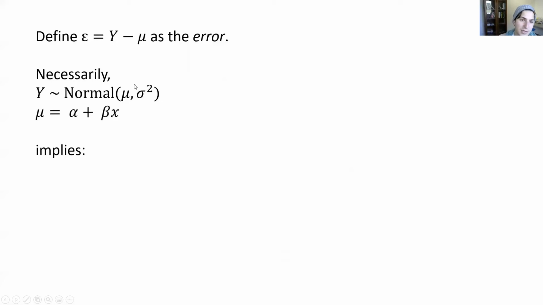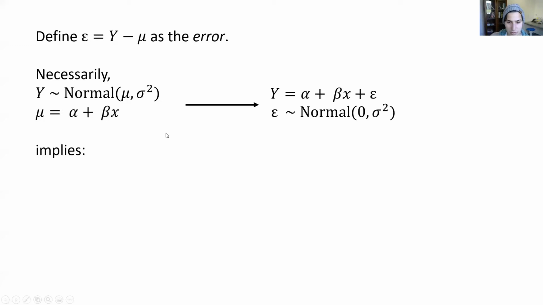So let's define epsilon as the error, and it is what we get when we subtract the random variable y from the expected value of y, which is mu or y hat. And epsilon is a random variable, right? Because it's a function of a random variable, y. And then let's reformulate this model so that we can make inferences about the distribution of epsilon.